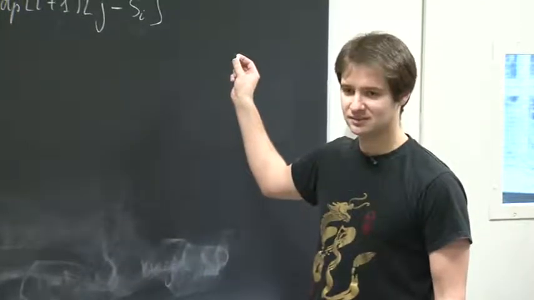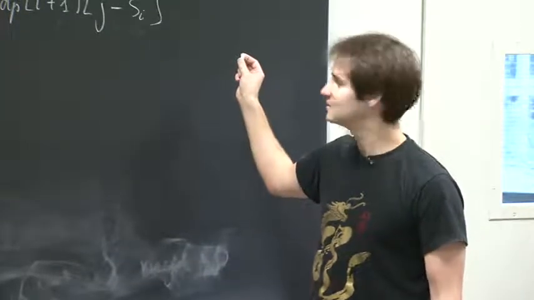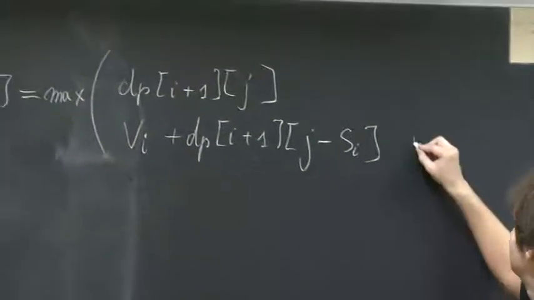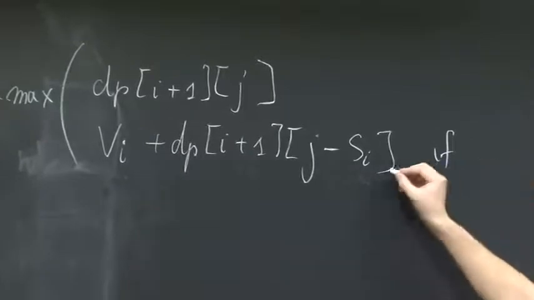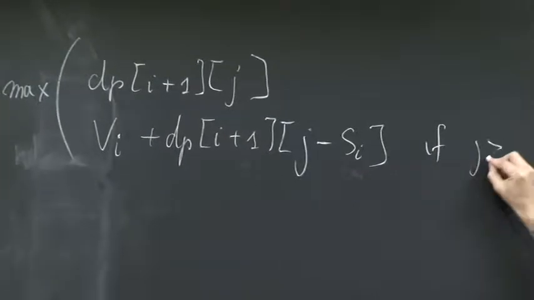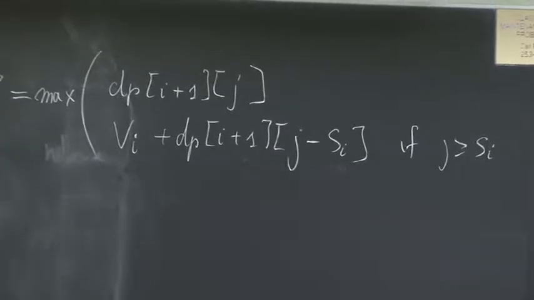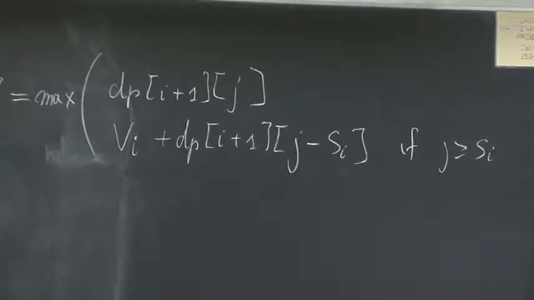So J minus SI is greater than or equal to 0, because otherwise the code is going to crash. I think this means J is greater than or equal to SI. Right? Yes. Okay.